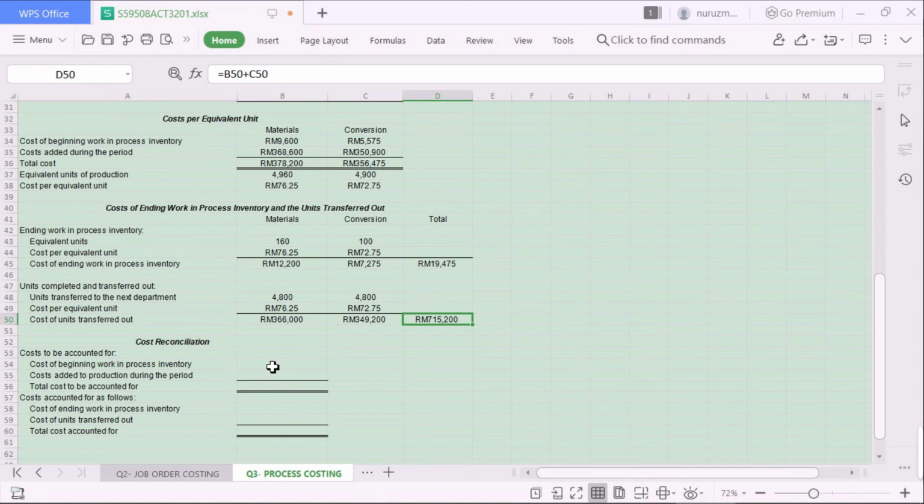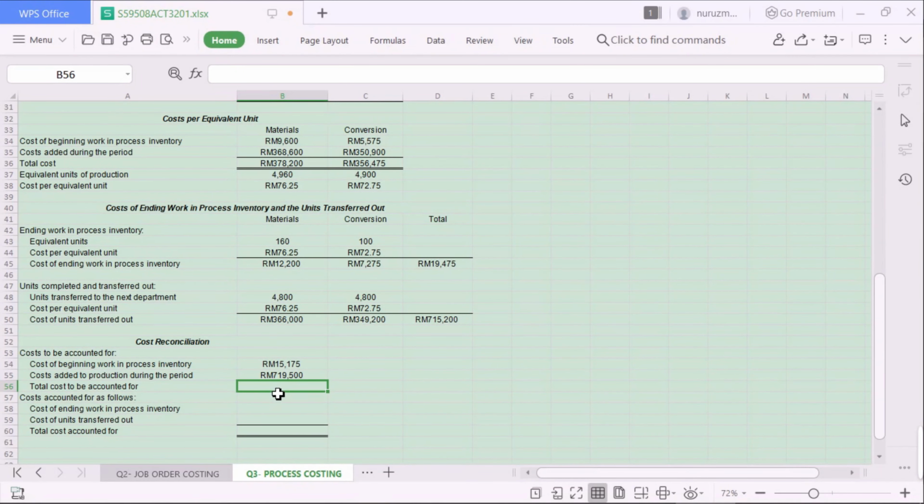Cost reconciliation, cost to be accounted for. Cost of beginning work in process inventory, we must add cost of beginning work in process, materials and conversion, equals 15,175. Cost added to production during the period, 368,600 plus 350,900 equals 719,500.